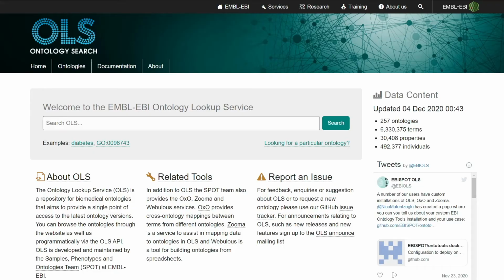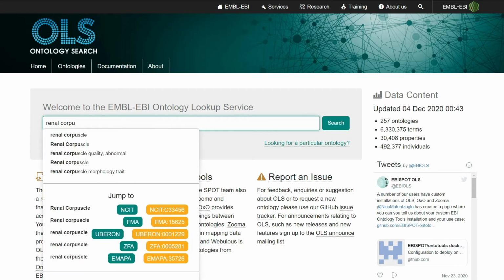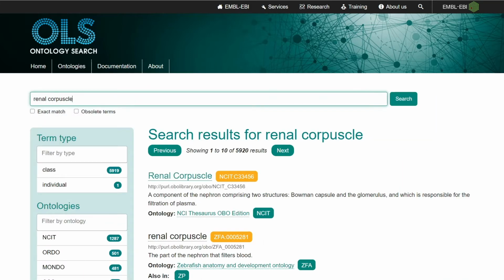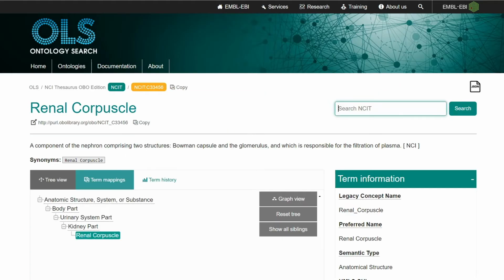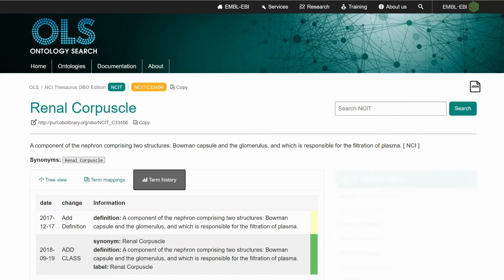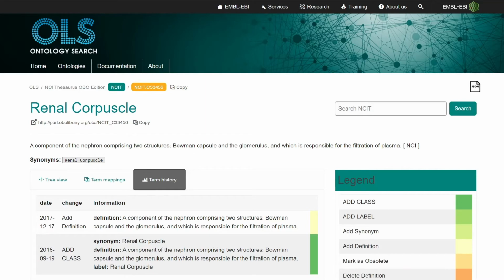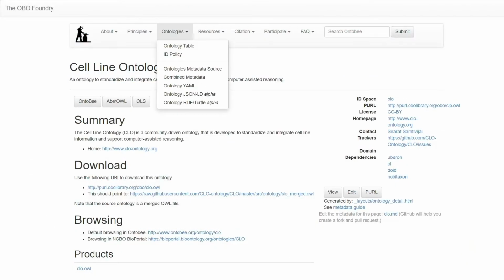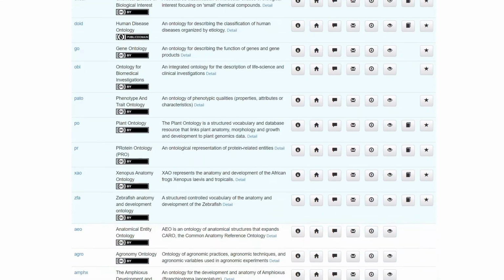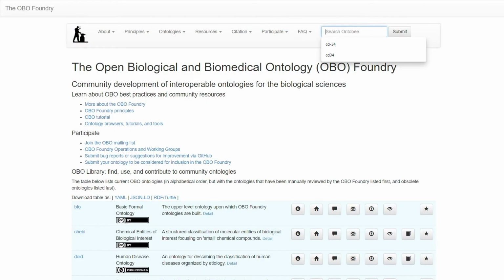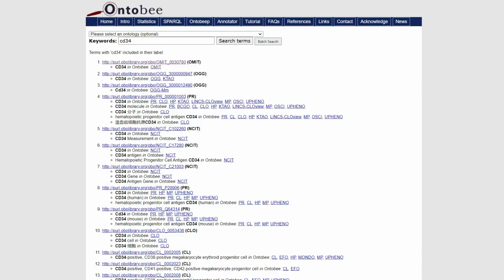Draft tables are then sent to a second set of experts who review them for scientific rigor, coverage, and quality. Throughout this process, care is taken to ensure that all ASCT plus B tables are in close alignment with existing ontologies like Uberon or CL to support effective collaboration and data sharing. Discrepancies with existing ontologies, for instance, the addition of new terms or term definitions, are resolved in close collaboration with ontology curators.